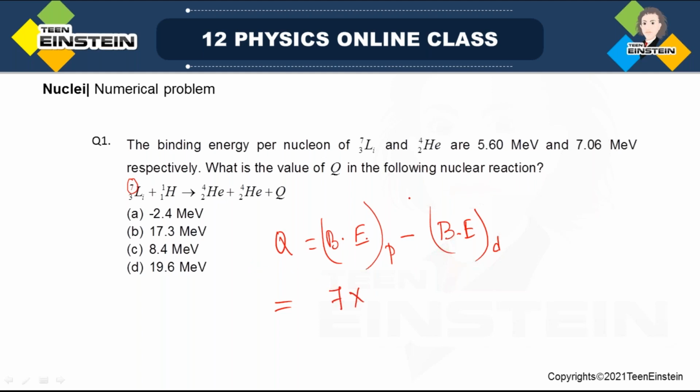So 7 into lithium has got 5.60 mega electron volt. I'll multiply with 7 because this is per nucleon, but I need to find out the total. So 5.6 into 7.